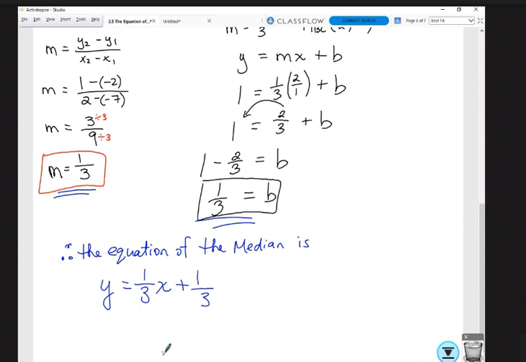Kind of nasty numbers, but kind of manageable. Questions about the median? Okay. All right.